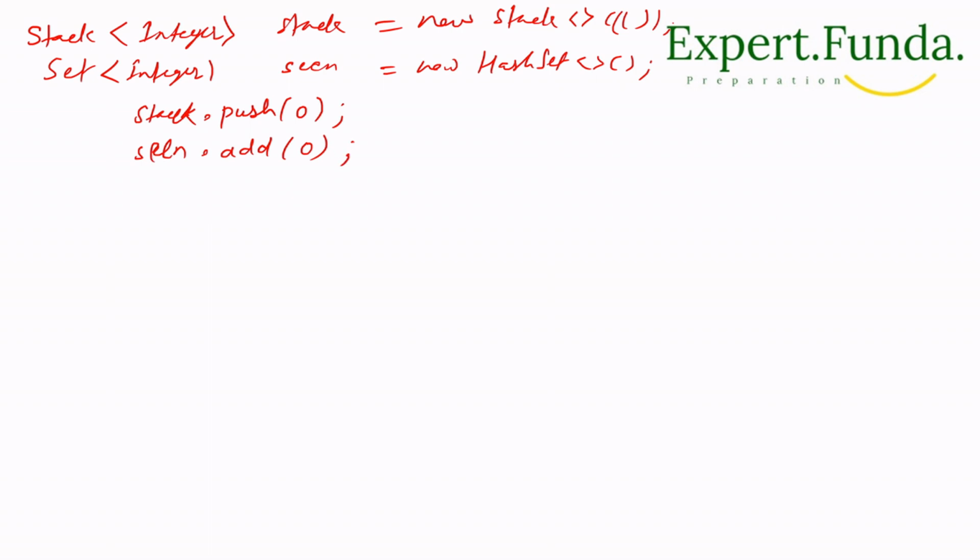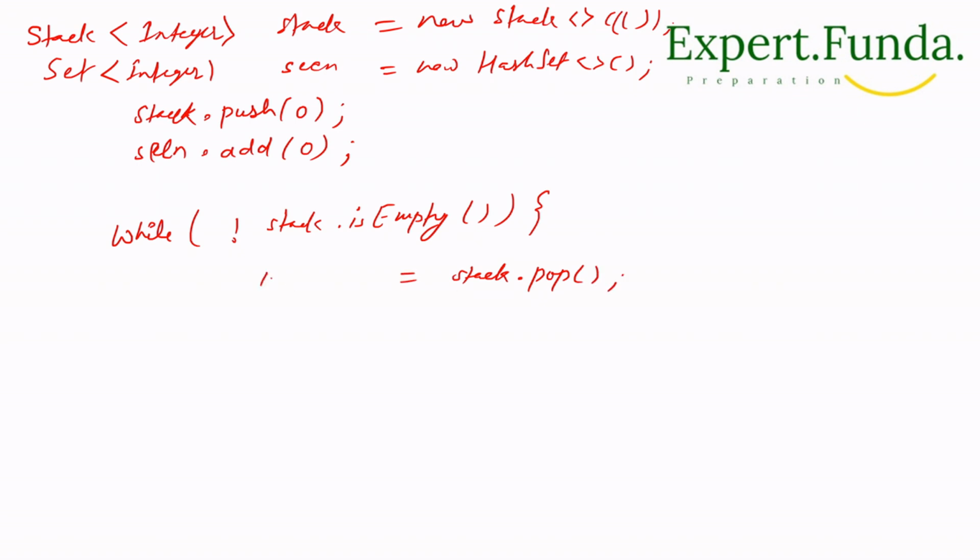These two are done. After that we have the while loop, right? In the while loop we check if the stack is empty. If it is not empty, then stack dot pop, and we get our node, and we make a for loop. Now we get its neighbor, nei.